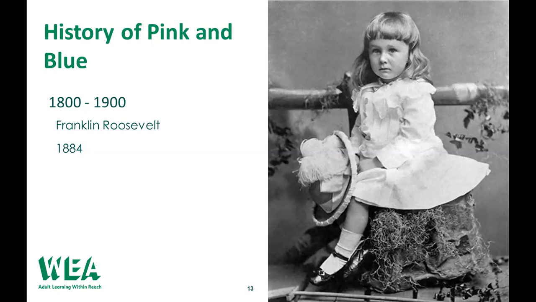But if we're looking at this now, because we've had all the exposure to the different colours that we're seeing today in the shops and what babies are wearing, we look at this and it doesn't necessarily sit right with us. You say, well, that can't be right. But this is what was happening in the 1800s to the 1900s.